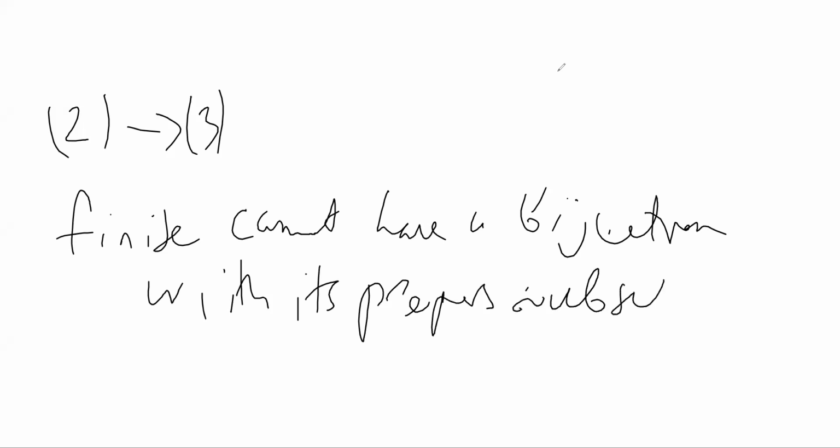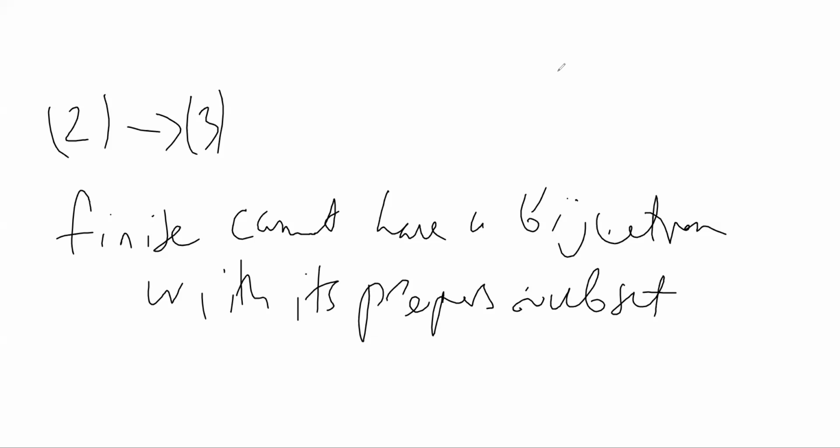Sorry for my handwriting. I think that was mentioned by Gaurav, right? And so basically we know that finite sets cannot have bijections with their proper subsets. And from assumption 2, we know that set A has a bijection with its proper subset.